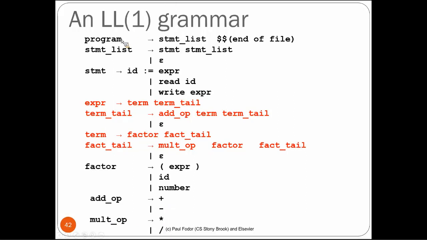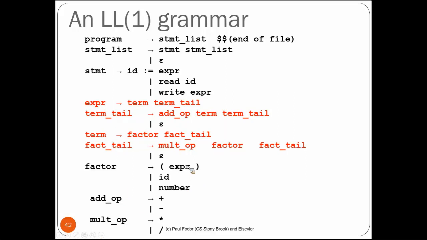One thing that you basically have to notice is the fact that each one of these disjunctions, in fact, is another production rule. It basically says that a statement list could be a statement followed by a statement list, or a statement list could be epsilon. And similarly for statement, term tail, factor, add, and multiplication.